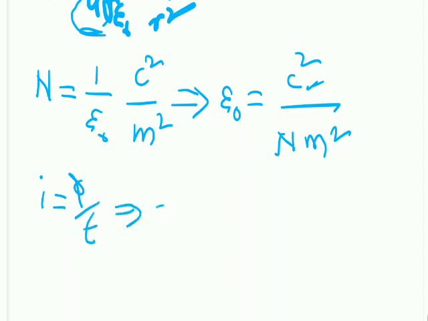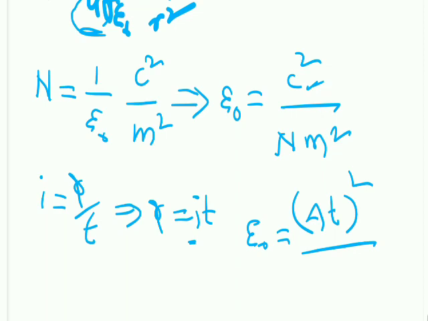So Q is equal to I into T. So epsilon naught is equal to current units, amperes into T whole square, by Newtons means M L T inverse 2, minus meter square means L square.